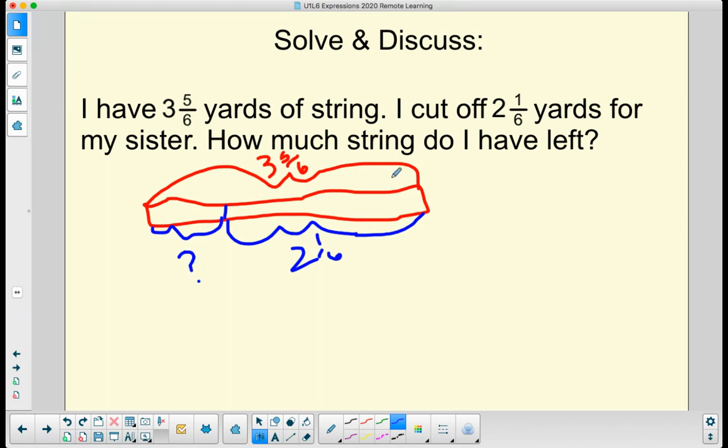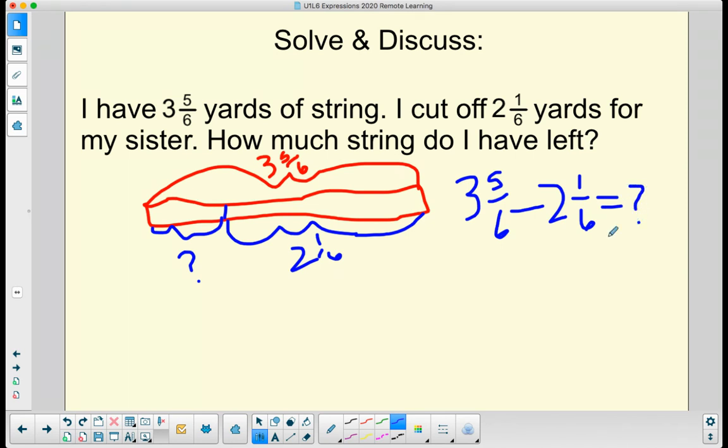Well, if I had 3 yards and I cut off 2 yards, I would take 3, subtract 2 to find out how much I have left. So I'm going to take 3 and 5/6, my whole, and subtract the part I cut off, 2 and 1/6, to see how much it equals.